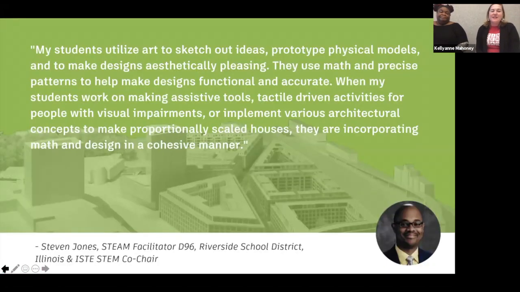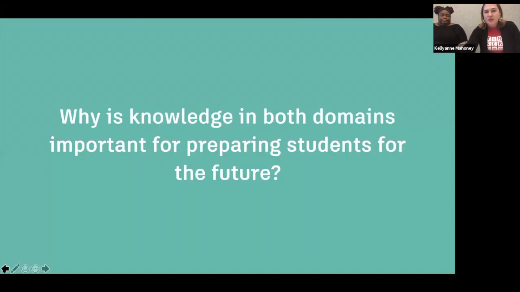So Stephen teaches computer science, but kind of similar to Natrice, doing it through the lens of art, and he does a lot of architectural projects with his students. So architecture is another study that intersects math and art. So talking about organic shapes and geometric shapes and positive and negative space. So that was what he talked about.